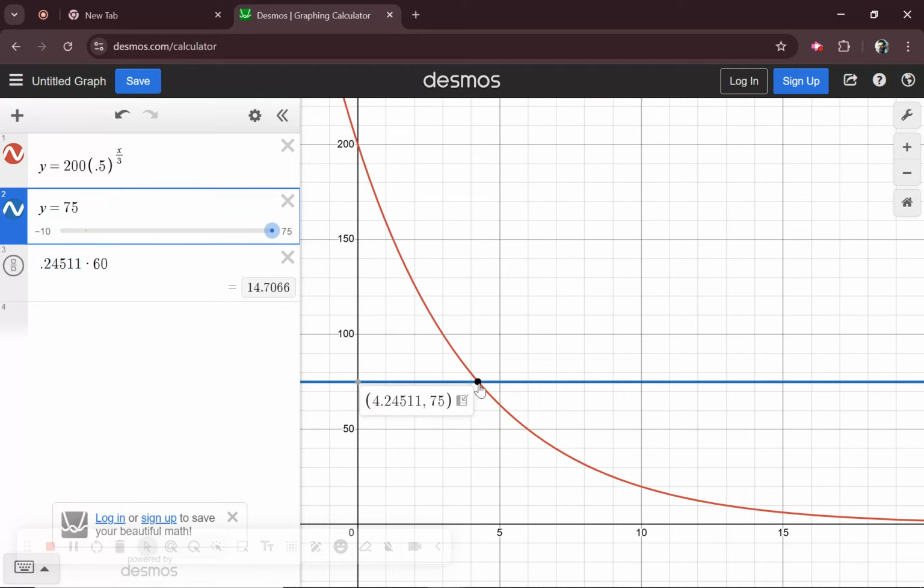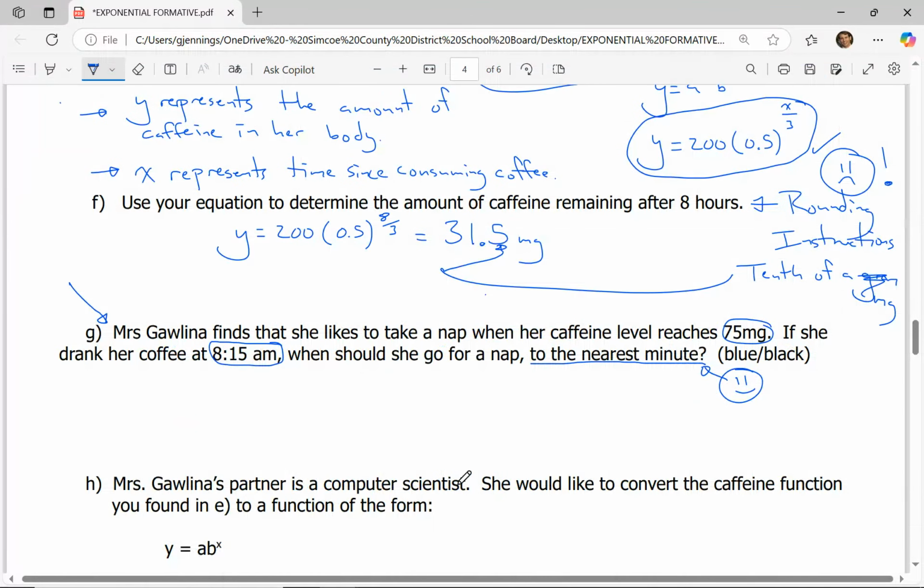So that is to say 4.24 hours, or 4 hours and 15 minutes is the time we're looking for. So she drank her coffee at 8:15, all right? And we want to add 4 hours, 15 minutes. Well, that would be at 12:30. Isn't that a beautiful time to take a nap? 12:30? Oh, that's a lovely time to take a nap.